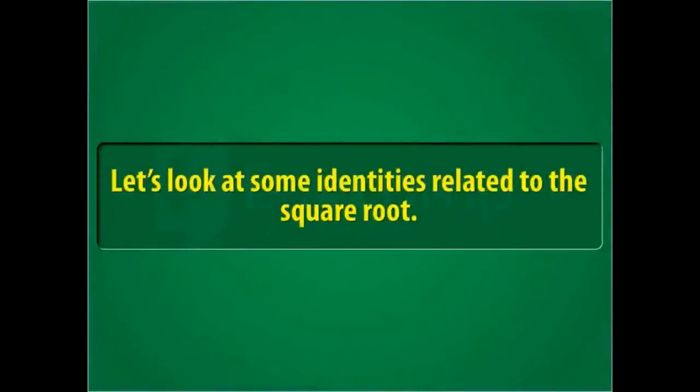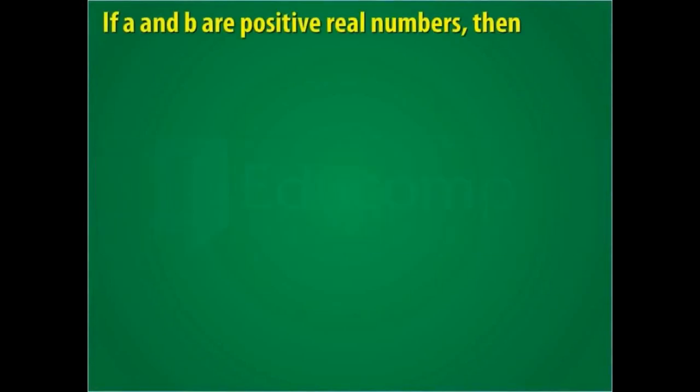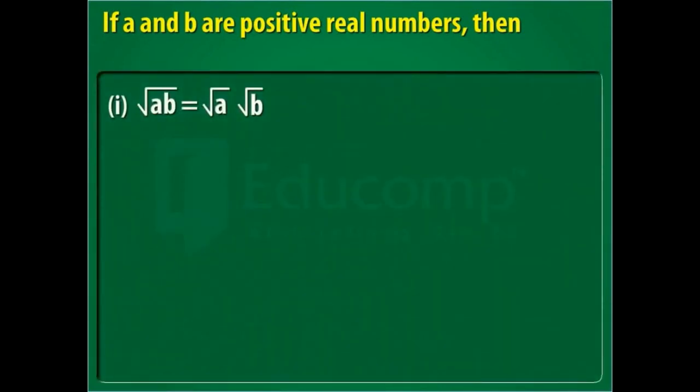Now let's look at some identities related to the square root. If a and b are positive real numbers, then first, square root of ab equals square root of a into square root of b. Second, square root of a upon b equals square root of a upon square root of b.